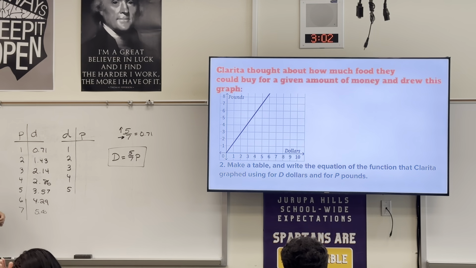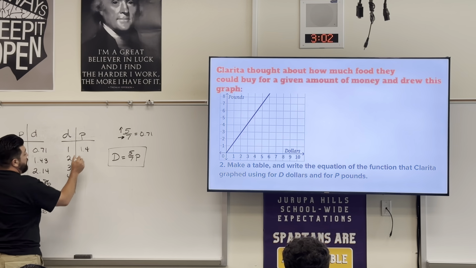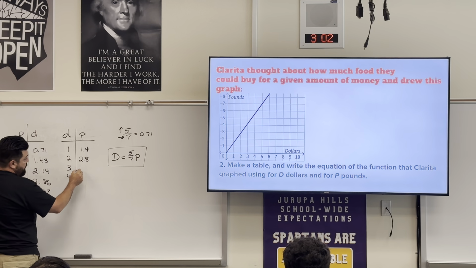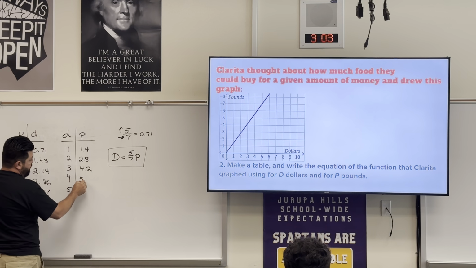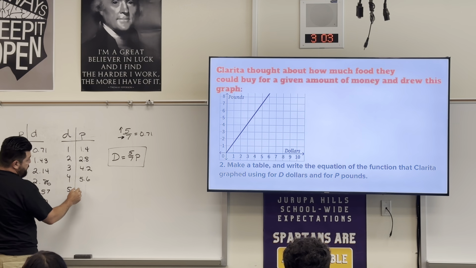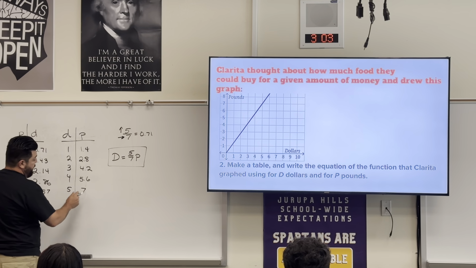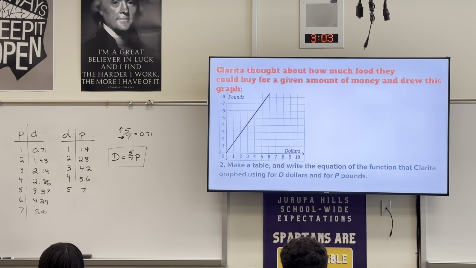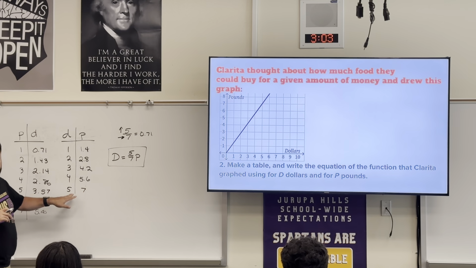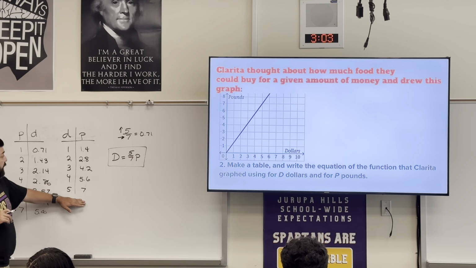All right, and then what did you get for the pounds? 1.4, 2.8, 4.2, 5.6, and 7. Okay. So we know for sure that 7 pounds buys us $5 of food, right? So we know that this is correct, right?